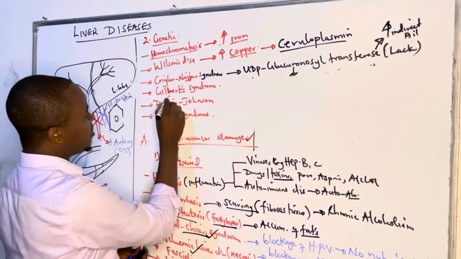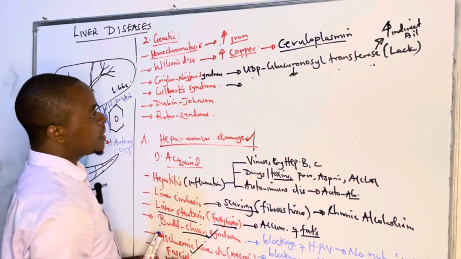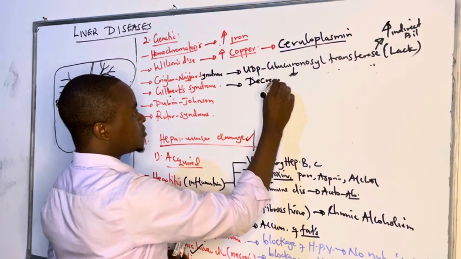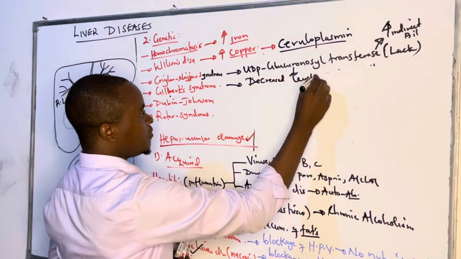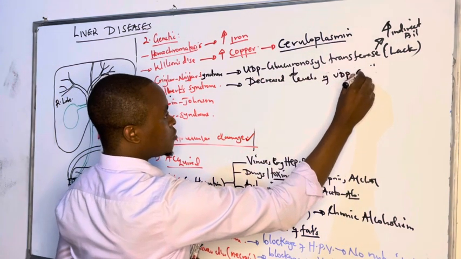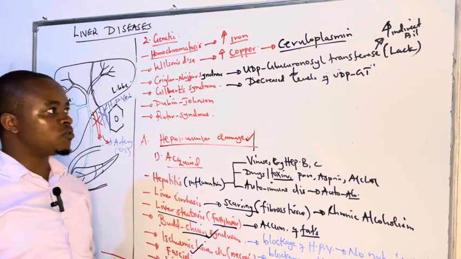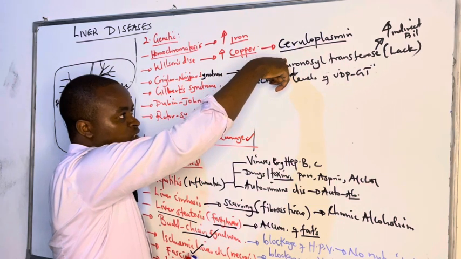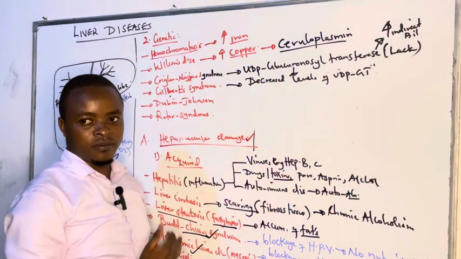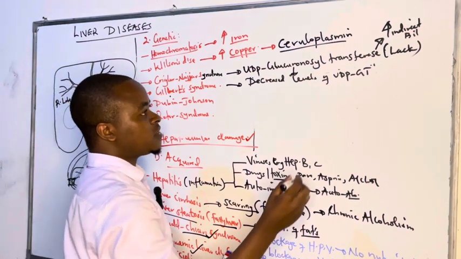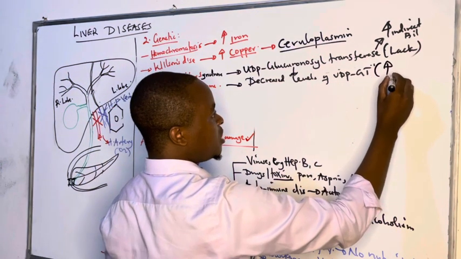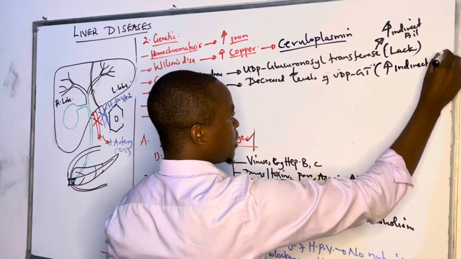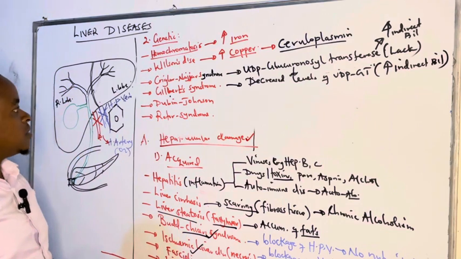This is different from Gilbert syndrome, in that in Gilbert syndrome there is only decreased level of UDP glucuronosyltransferase. So this is a complete lack of the enzyme, but that is a reduced level. And even in it, the type of bilirubin which is elevated is indirect bilirubin.